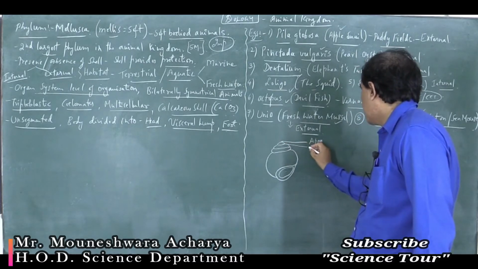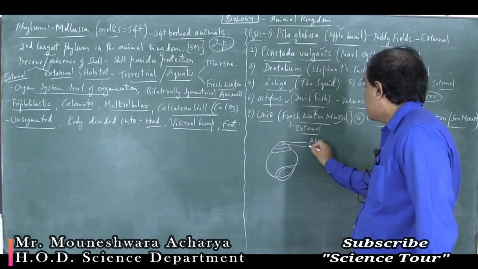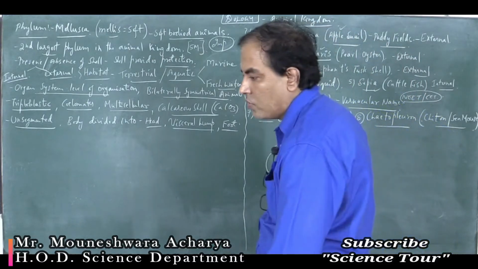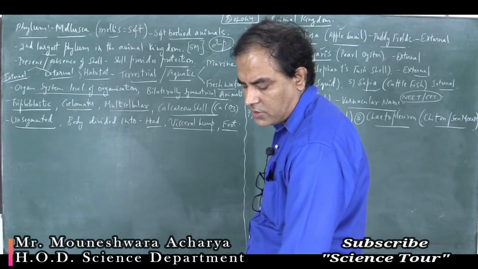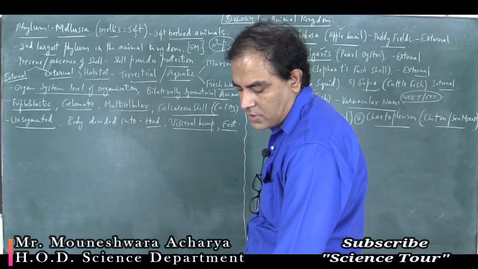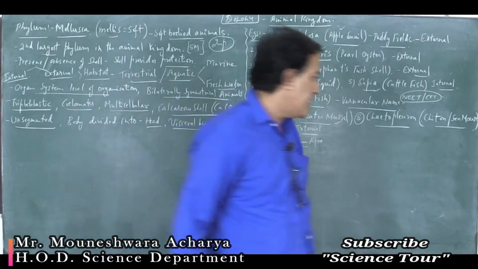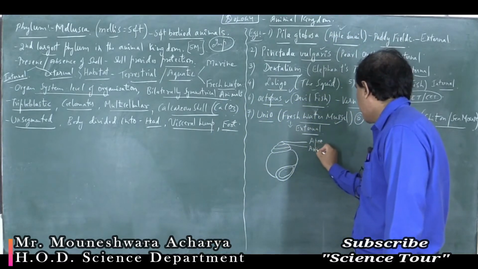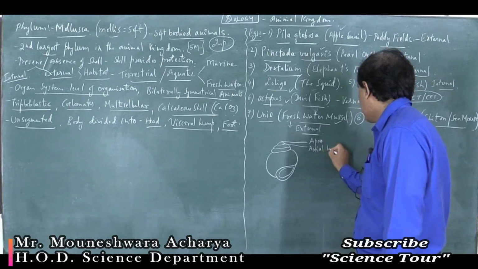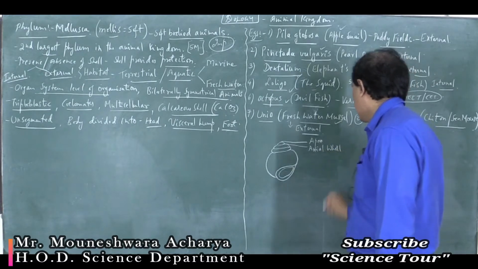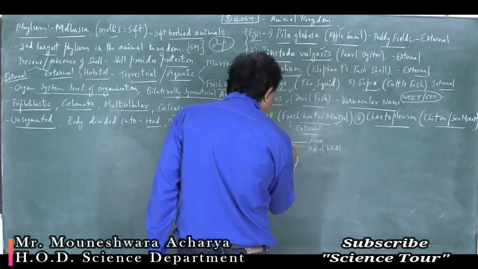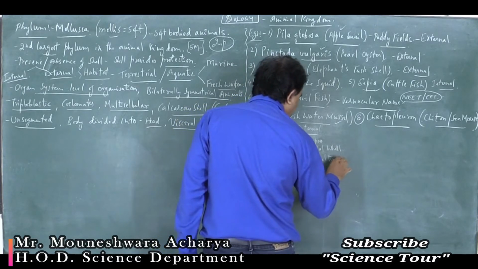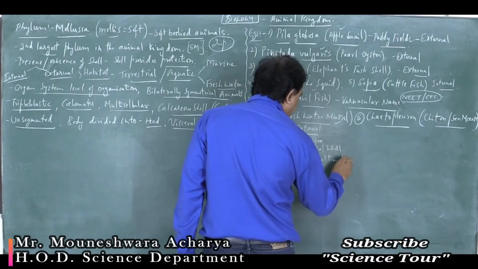This is the ultimate whorl, or this is also called axial whorl. Note the spelling, A-X-I-A-L, axial whorl. Then comes the penultimate whorl. Before the ultimate is the penultimate whorl.